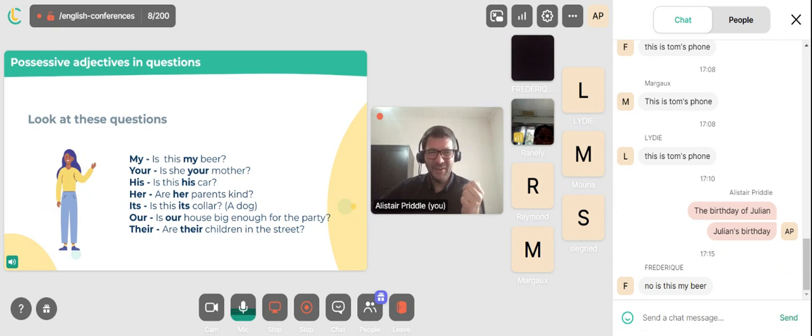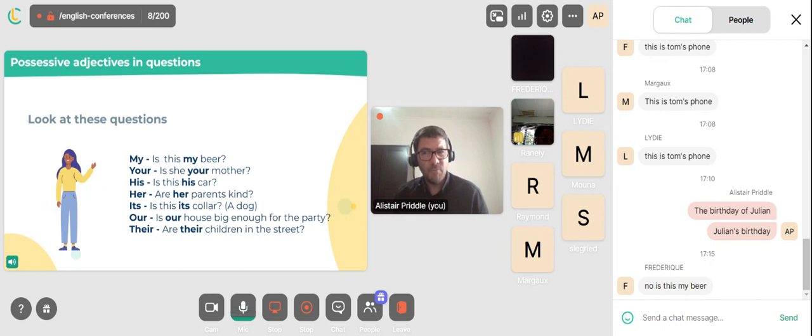Okay, Frederic. No, this is my beer. Okay, very nice. So its. Is this its collar? A dog. Our. Is our house big enough for the party? Their. Are their children in the street?